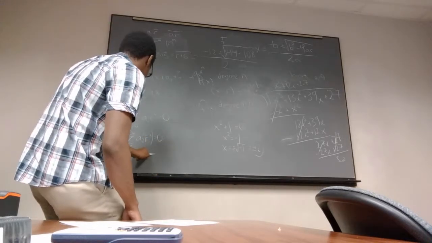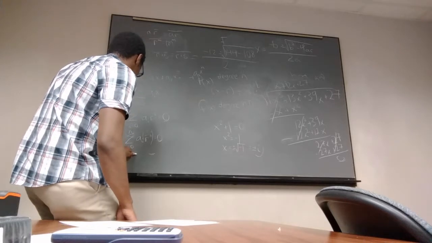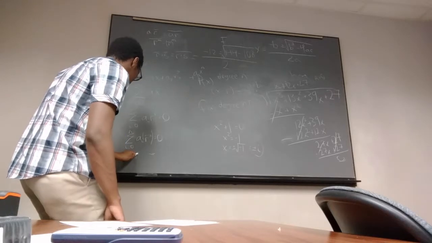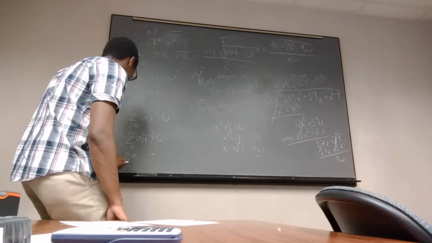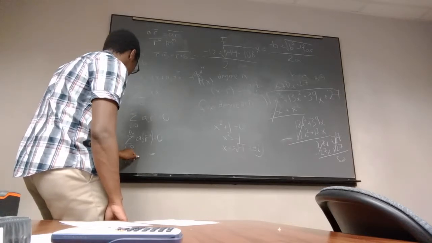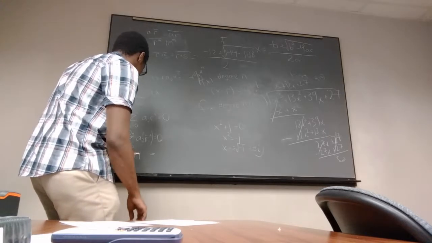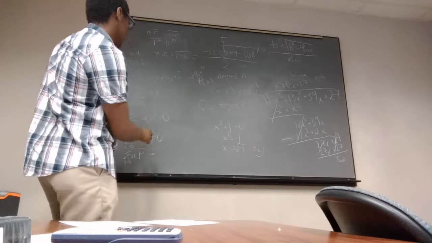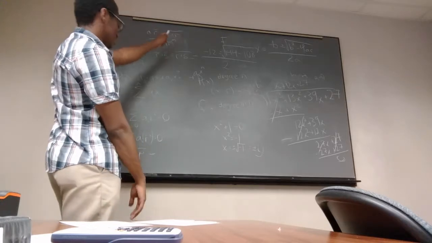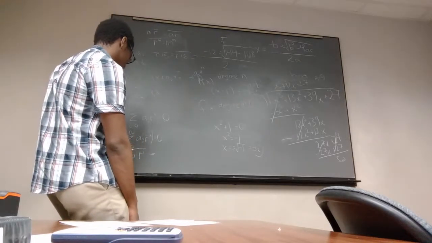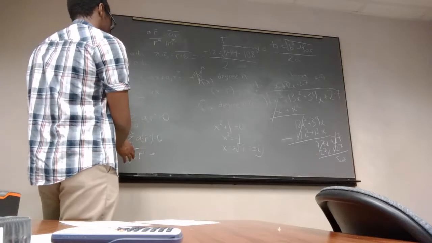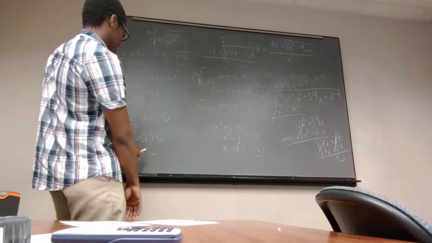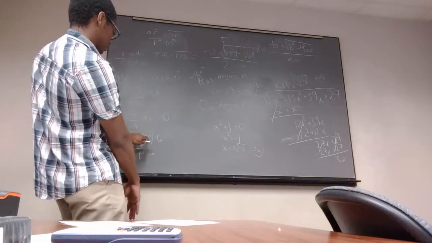So that gives us the sum of a_i from 0 to n, times r conjugate to the i. And next we can see that due to the second rule, we can extend this across the whole thing. So the conjugate of the whole thing is equal to this.